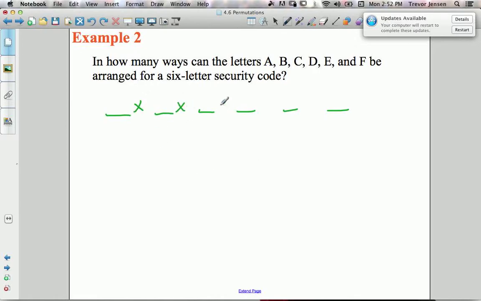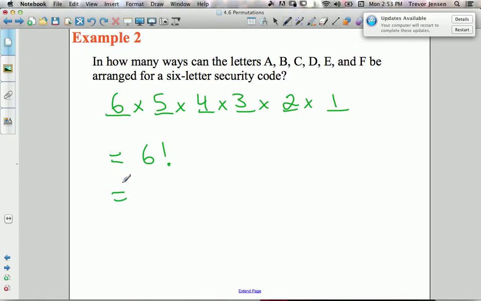I need to figure out how many possibilities there are at each step in the sequence and multiply them together to get the total number of possible outcomes. Any of the 6 letters could start. Then I have 5 letters left for the second spot, then 4, then 3, and 2, until there's only 1 option left for the last spot. If I multiply those all together, that tells me the total number of possible security codes, and that's equivalent to 6 factorial.